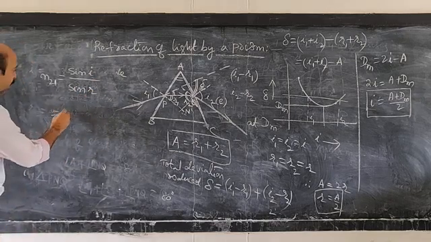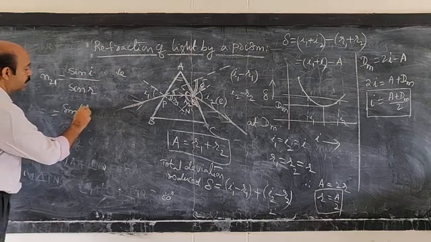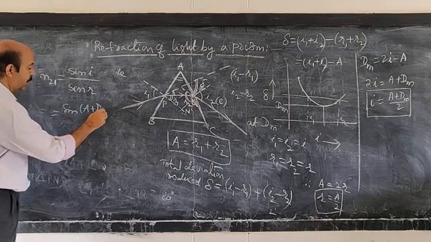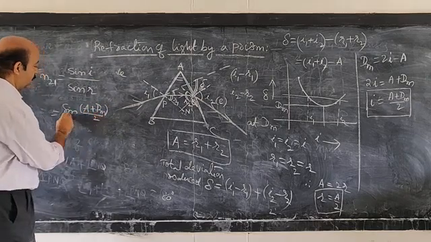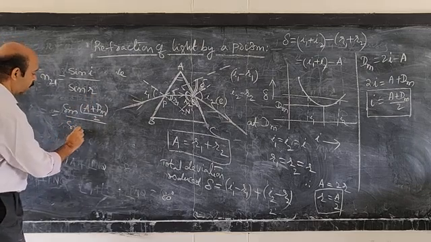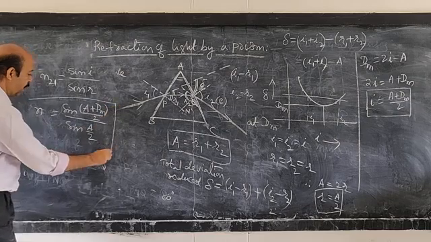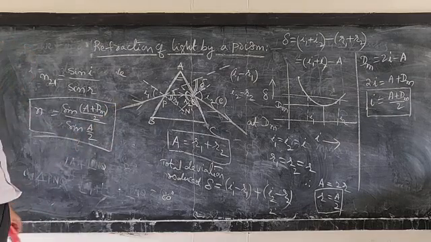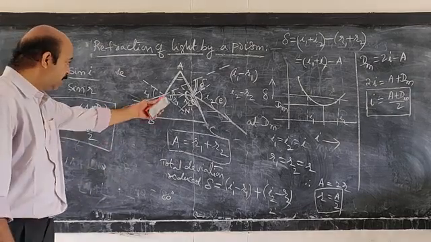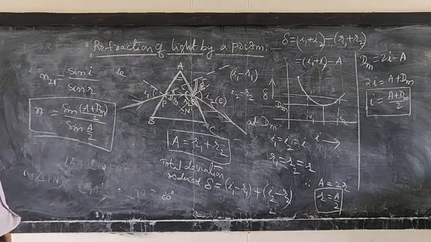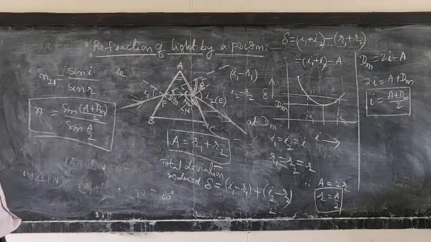So using that, n is equal to sine of (A plus dm) whole by 2, by sine A by 2. So this is the formula for refractive index of the glass prism with respect to A.